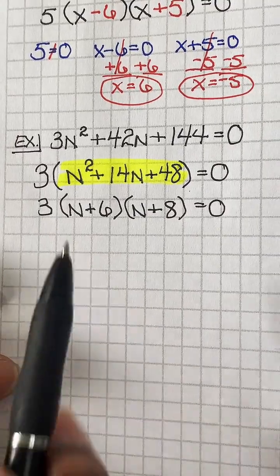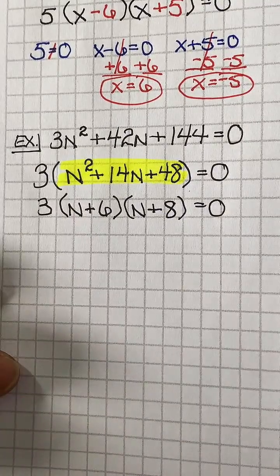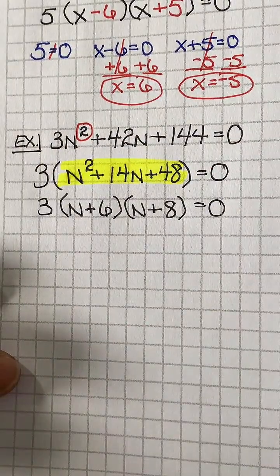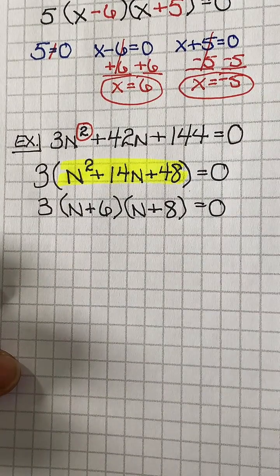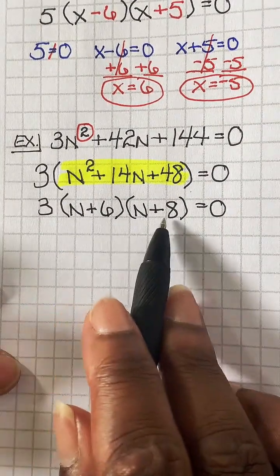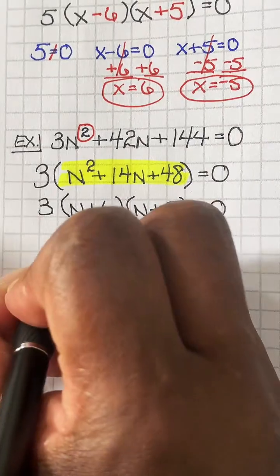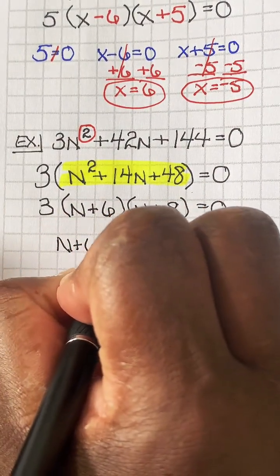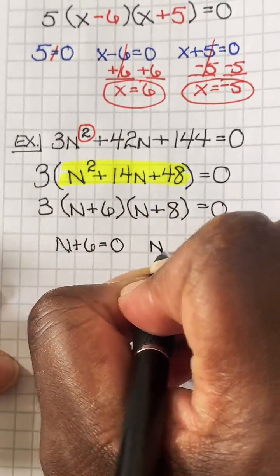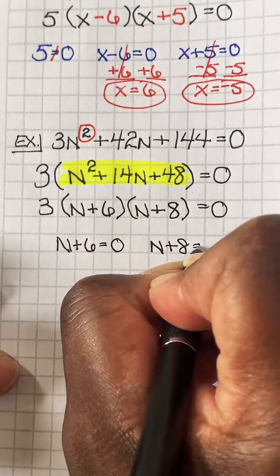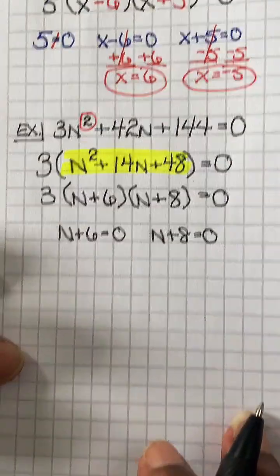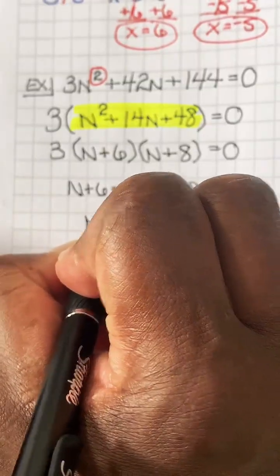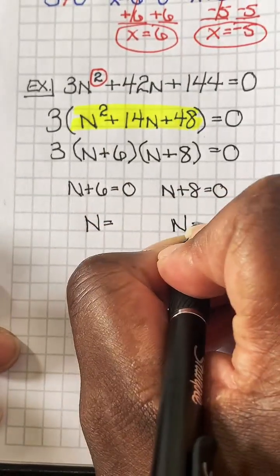And looking at my highest degree, that means I'm looking for 2 solutions. I'm not looking for 3. So let's just focus on these 2. So we have our n plus 6 is equal to 0. And we have our n plus 8 is equal to 0. What would n equal for both of these?